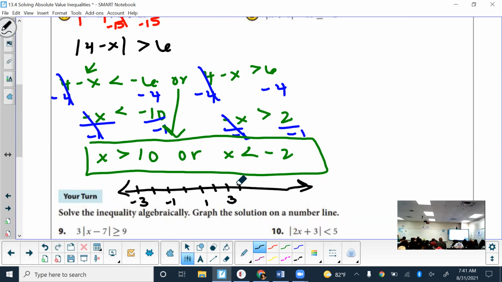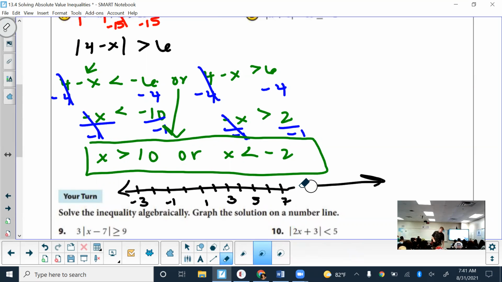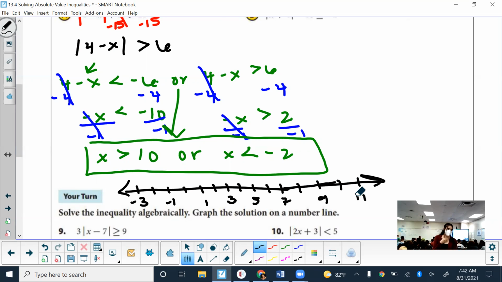I'm just labeling every other one so I can keep it neat. Your number line should have both those numbers on there and numbers around it.